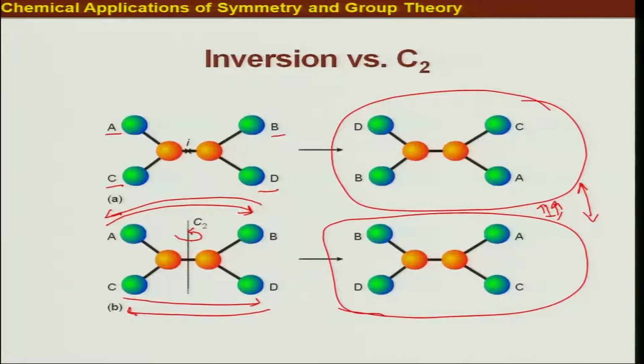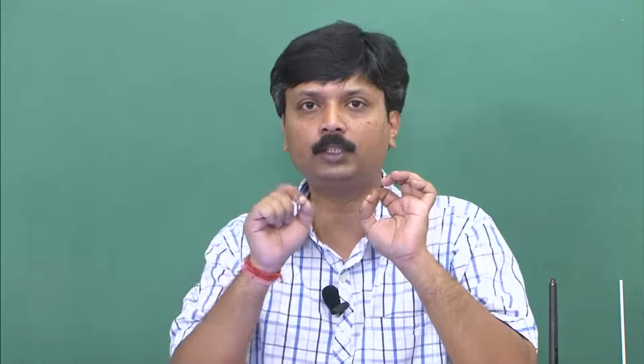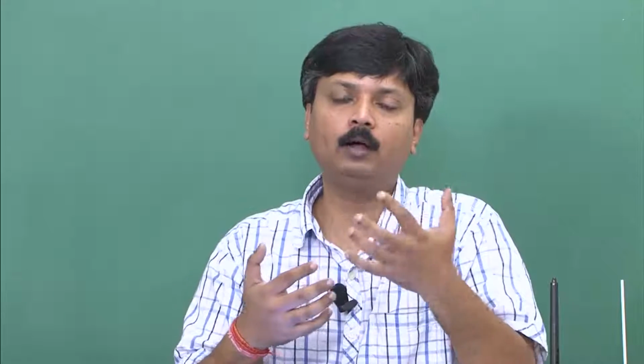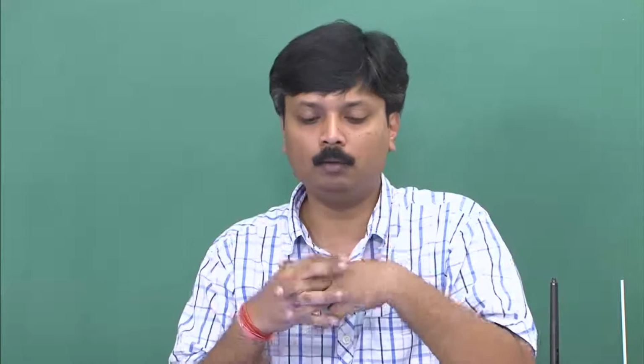So they are indistinguishable in that sense. All right, so that's about the inversion symmetry. Here also I will suggest you to take some molecules, particularly the molecular model, and try to look at the inversion symmetry points, the center of inversion in that given molecule. The more you practice to find out about the symmetry elements, the better it will be for you.